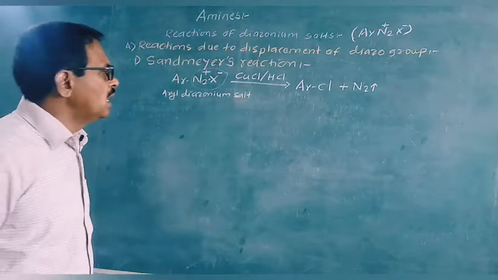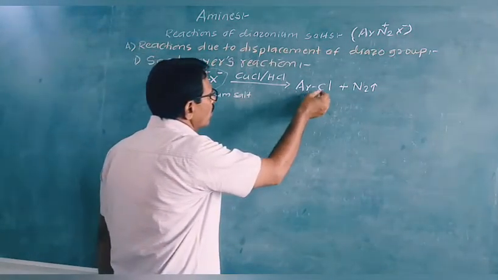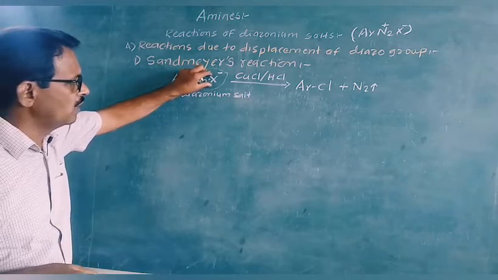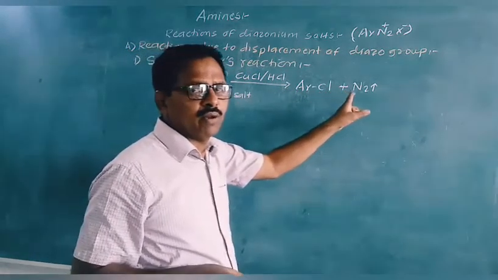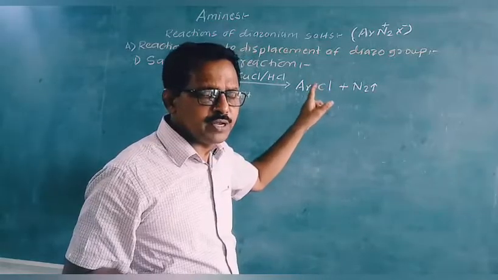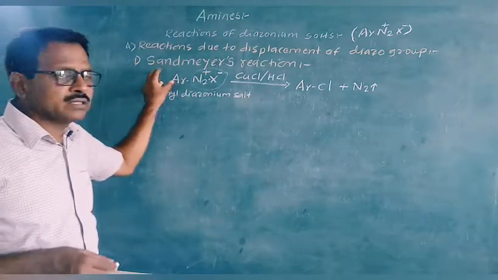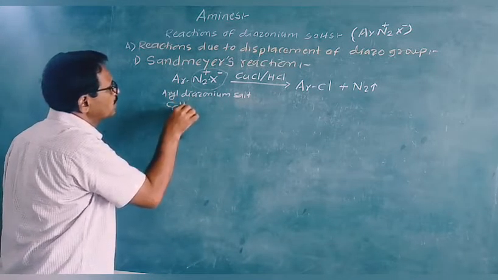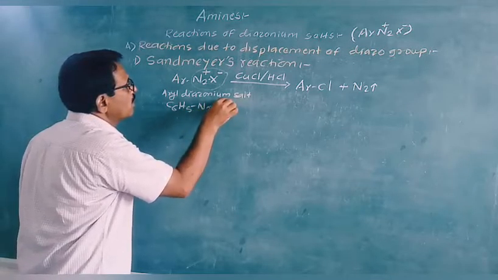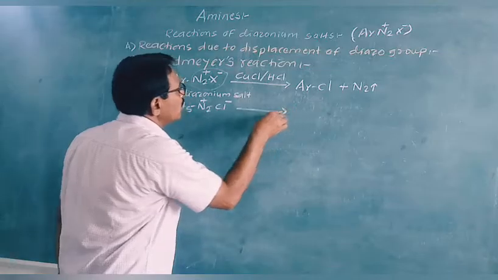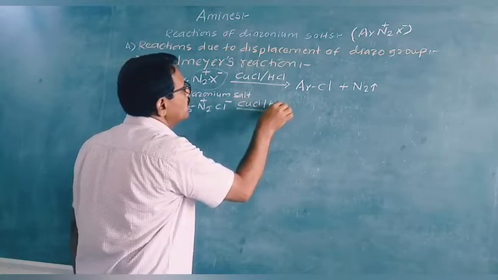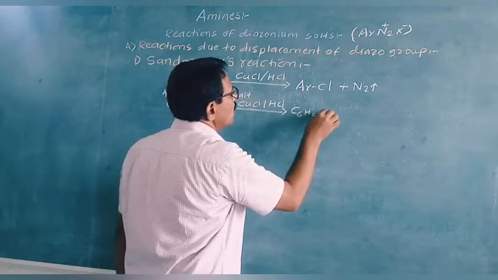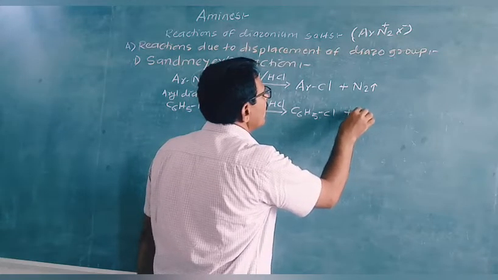The diazo group is replaced by Cl. It is known as aryl chloride or chloroarene. For example, if we take C6H5N2Cl, in the presence of CuCl and HCl it gives C6H5Cl plus N2 gas.